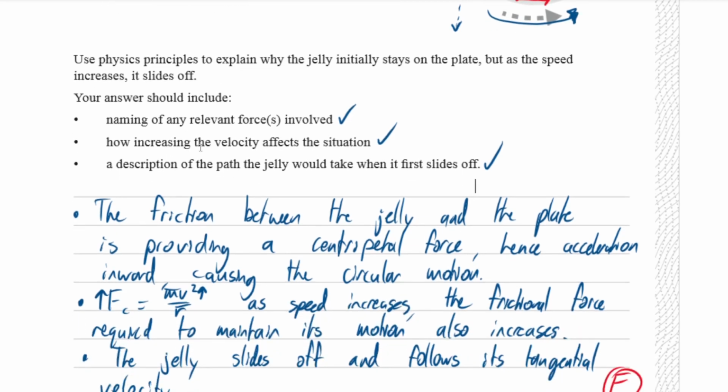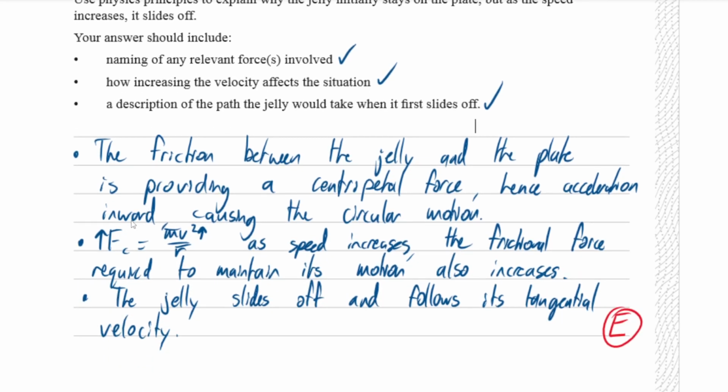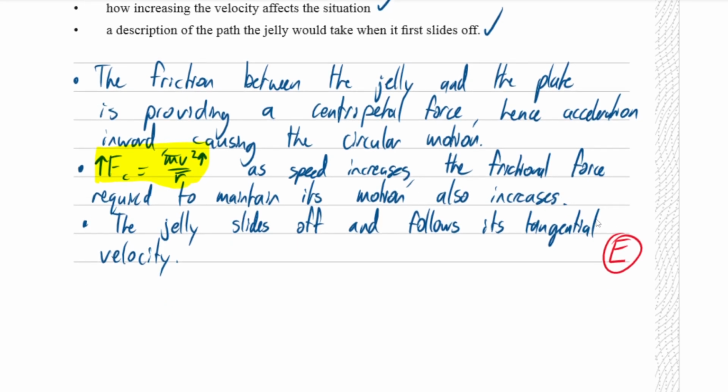We then discussed how if we increase the velocity, by the centripetal force equation, we know that the frictional force required also increases, and then there'll be a point where it slips off and it will follow its tangential path due to its momentum, because of its velocity.